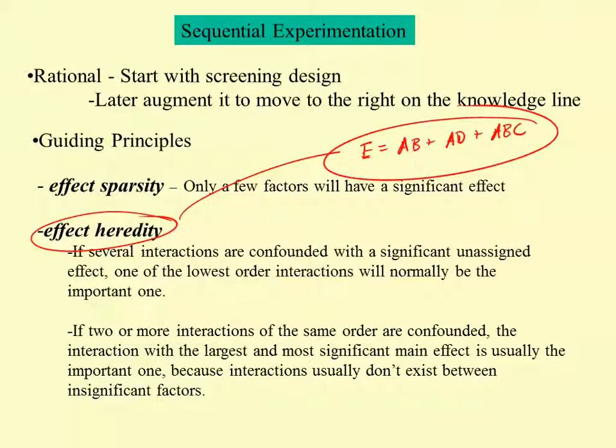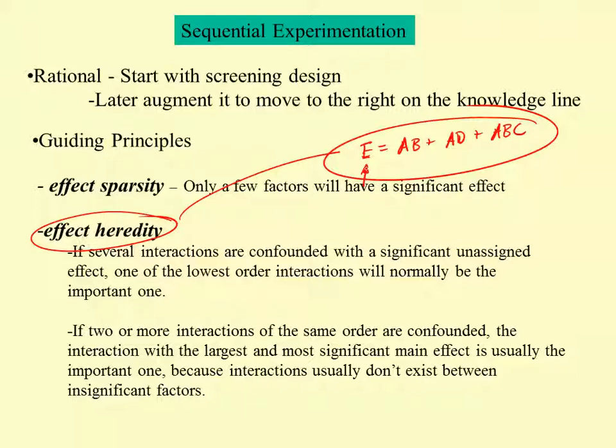It's the sum of all these things happening, and I have to figure out what's happening. So my first choice would be to say, well, the lowest order of these things most of the time ends up being the one doing the work. So I would say, and it's tentative, that maybe it's factor E that's significant and not necessarily these two-way interactions or the three-way interaction. Does that make sense? So I would interpret this as a significant effect, probably the main effect.